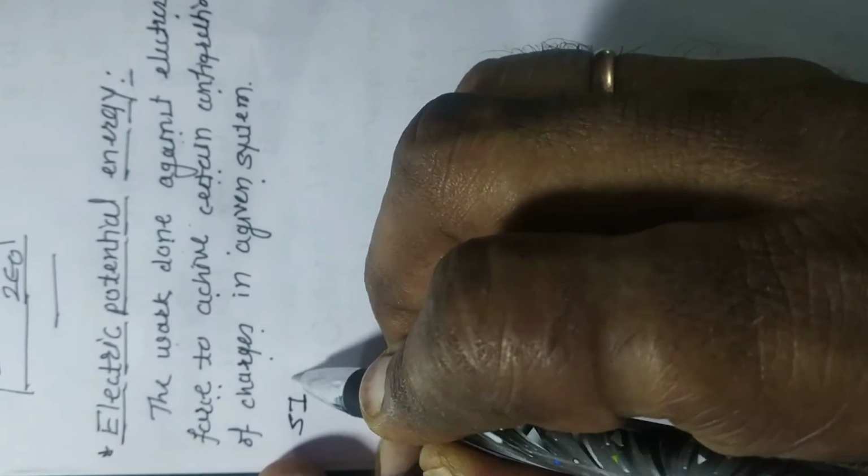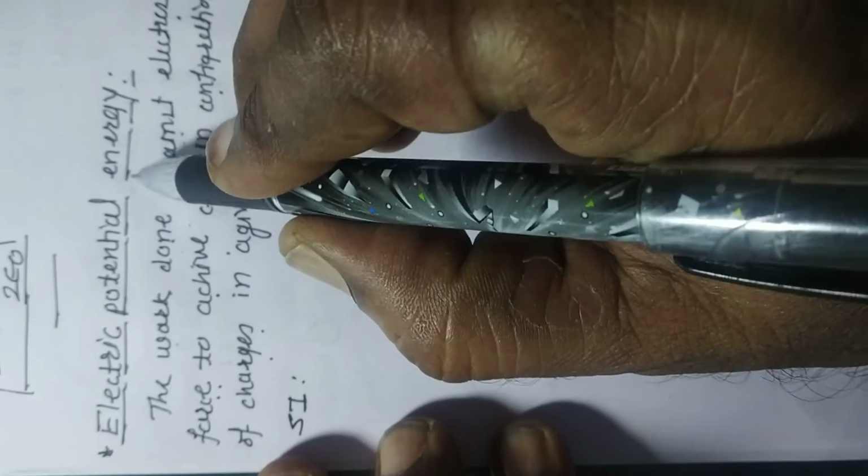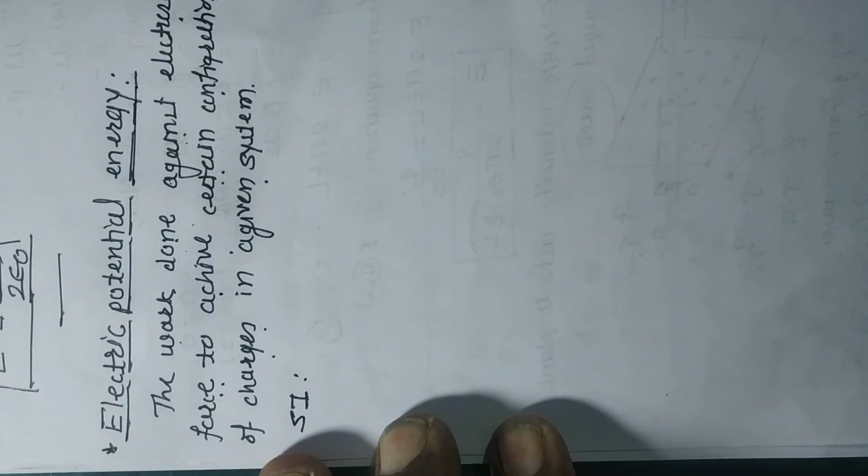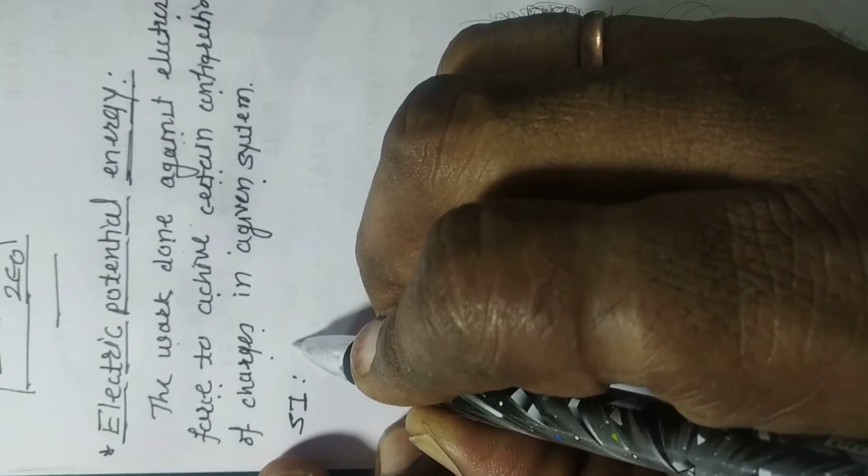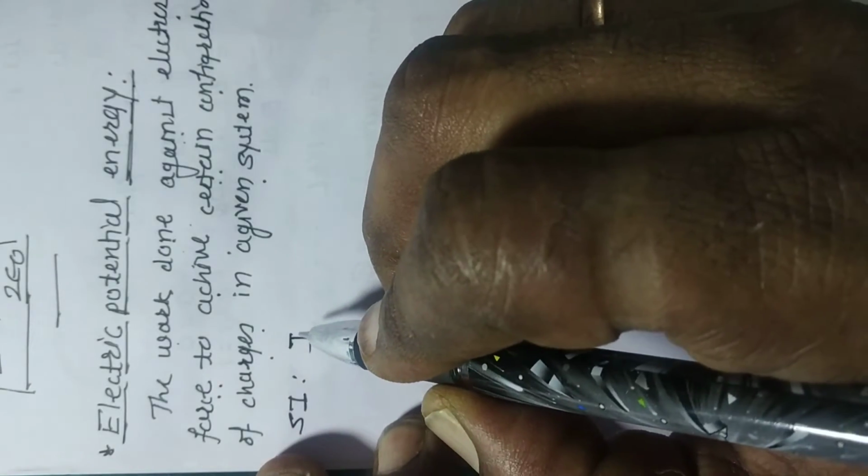SI unit of potential energy, that is work, and therefore SI unit becomes joule.